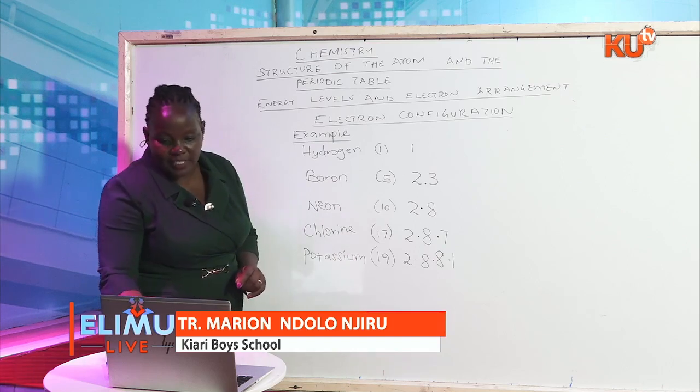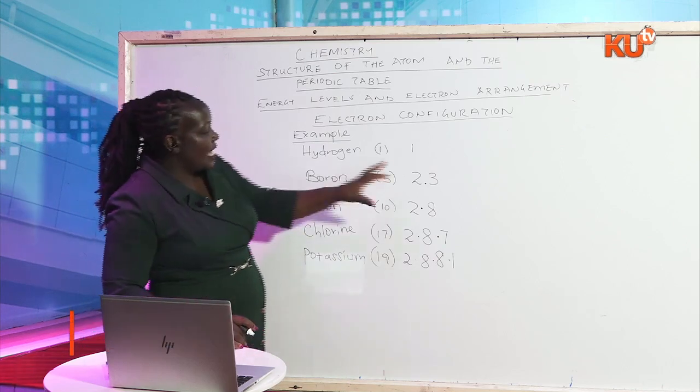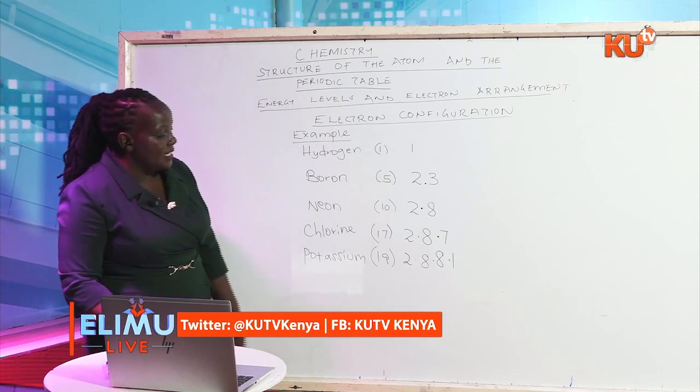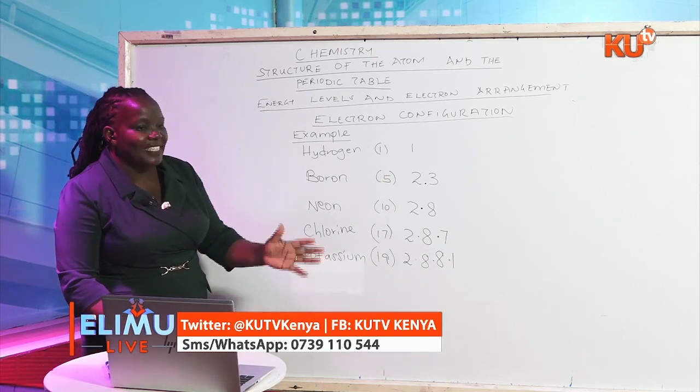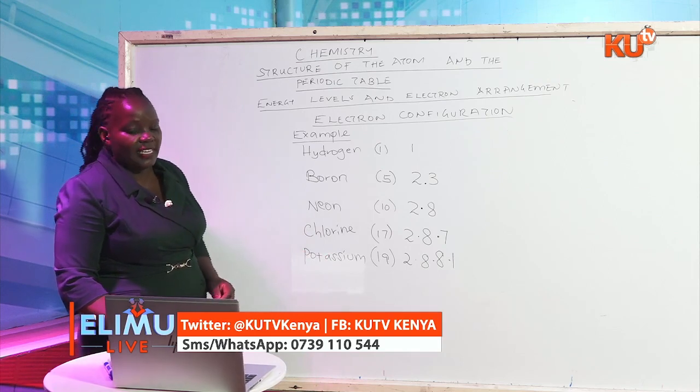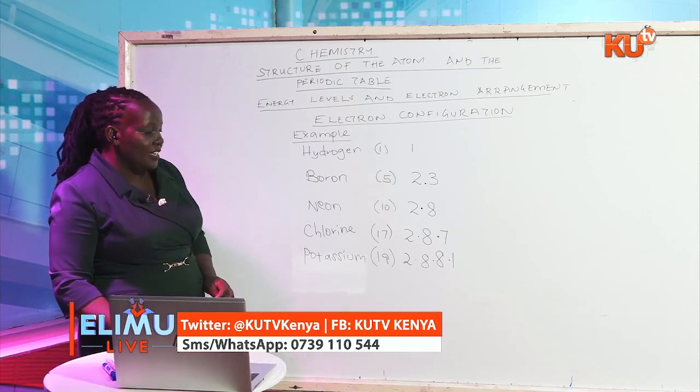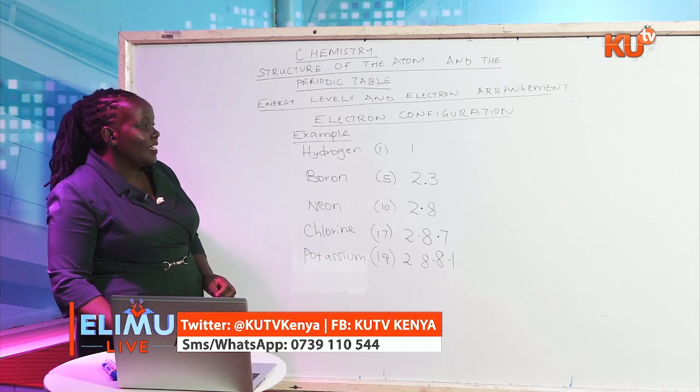So we have those ones as our example. If you look at the way we have represented the electron arrangement, we are just using numbers indicating the number of electrons in each energy level.